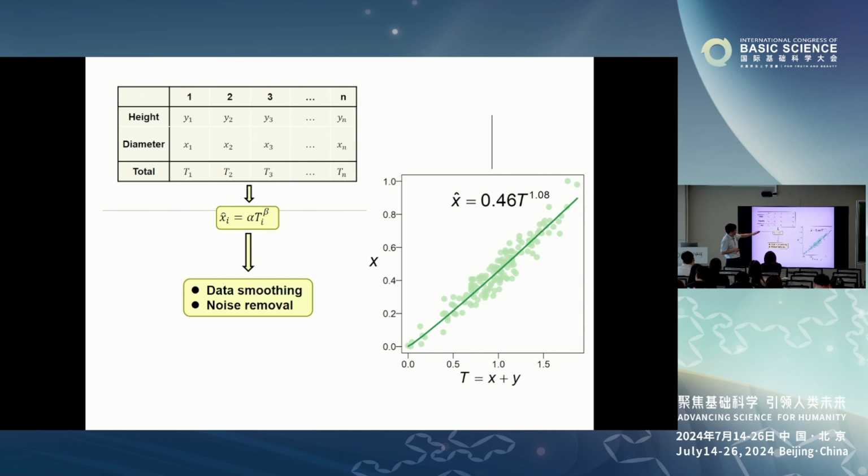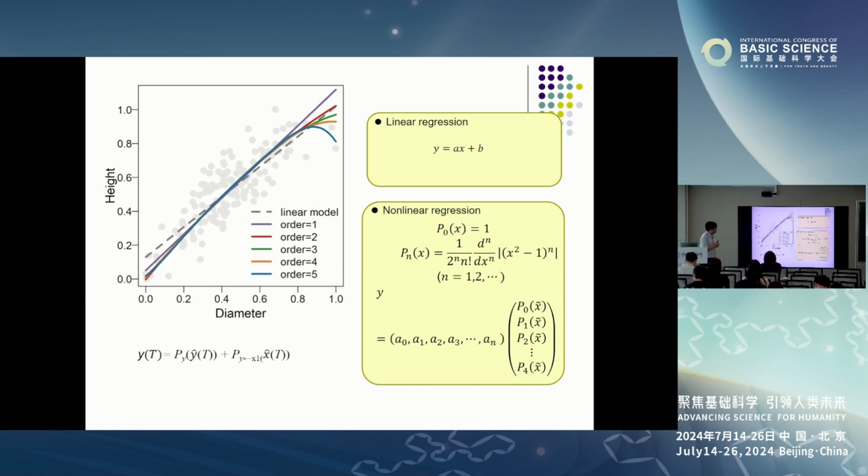With this small example, we take the mean, take the summation for each sample. So you will see the power equation fits the data very well, like this. And from here, we may estimate the predicted value for each x and also for y. So by plotting height and diameter like this, each point represents a sample.